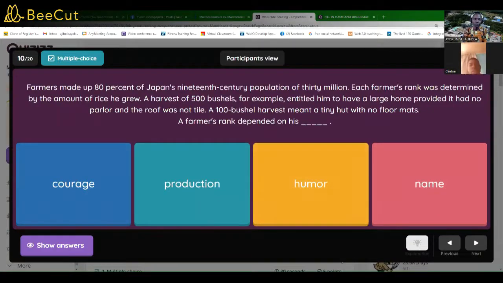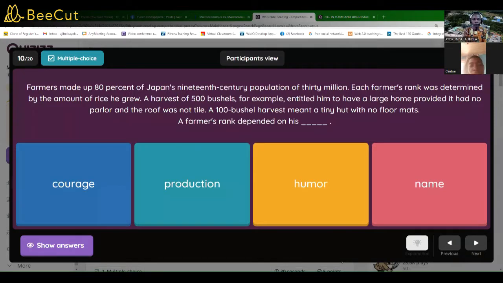Okay, you can read this. Farmers made up 80% of Japan's 19th century population of 30 million. Each farmer's rank was determined by the amount of rice he grew.